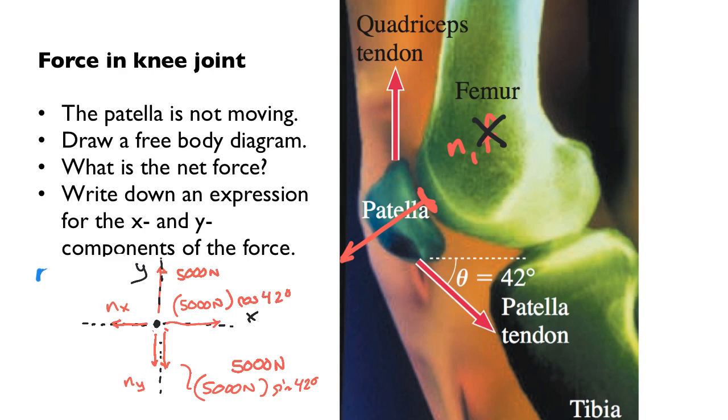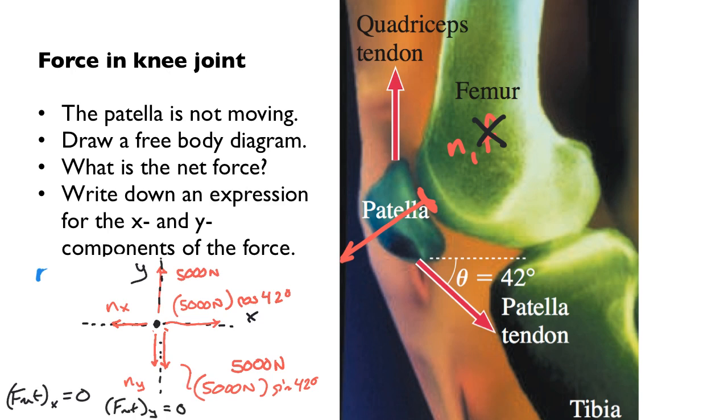Man, we are getting perilously close to solving this problem because we know that the net force is equal to 0. That's the net force along the x-axis and along the y-axis. So the x components have to sum to 0, and the y components have to sum to 0. And check it out.